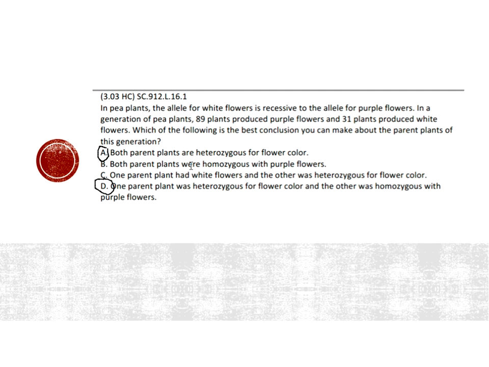So first I would suggest figuring out what that ratio is, okay? The easiest way to do that is to go ahead and just add up the total offspring, so 89 plus 31. And that's going to give us 120.